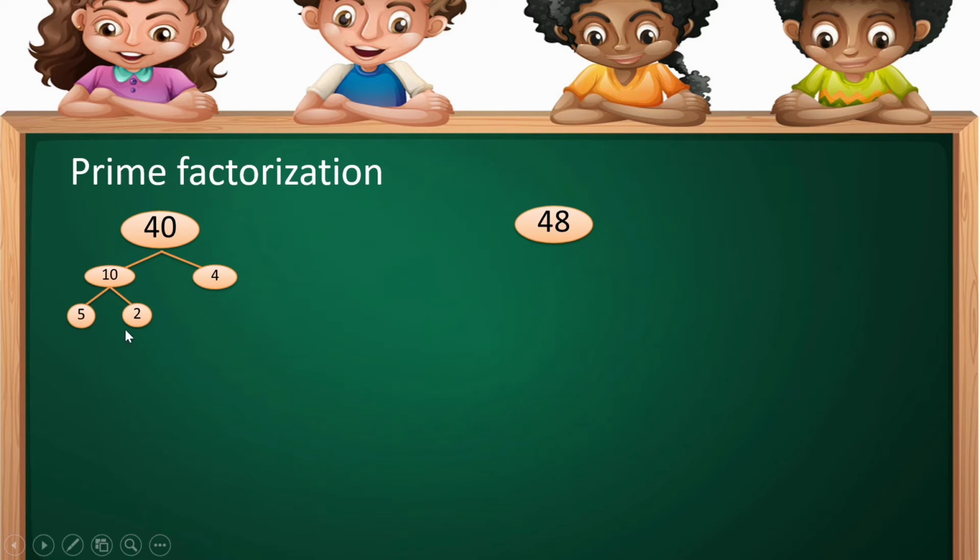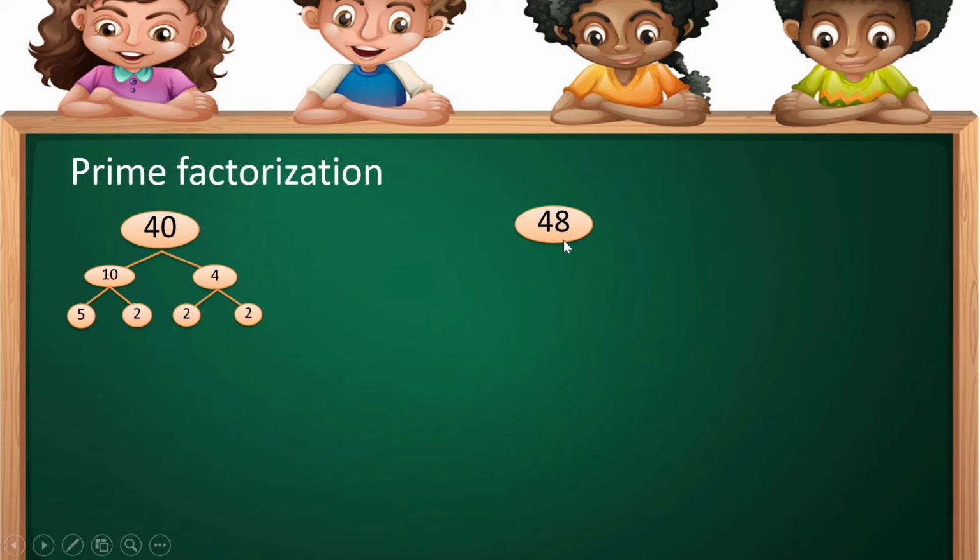No. How about the number 2? No, because they are already prime numbers. So we stop there. How about the number 4 here? We can break this down to 2 times 2. The number 2 is already a prime number, so we stop there.